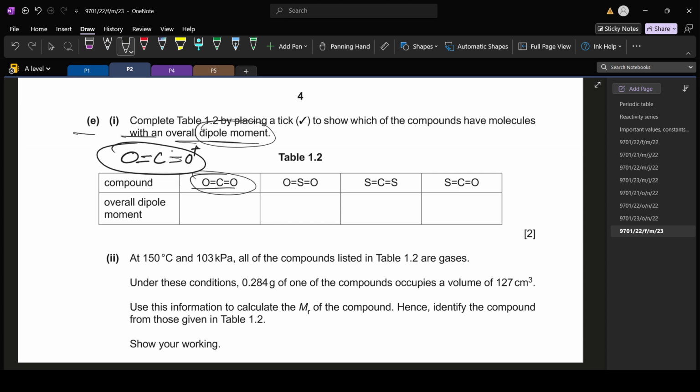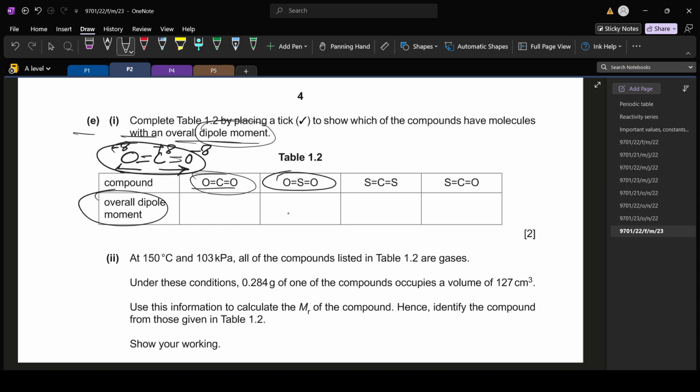So this carbon is partial positive and this oxygen is partial negative, and this oxygen is also partial negative. So these both will try to attract electrons to themselves, but with equal forces, so overall dipole will cancel out, so it will not have a dipole.